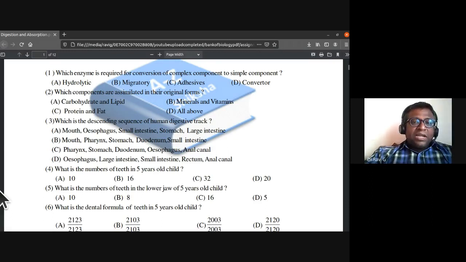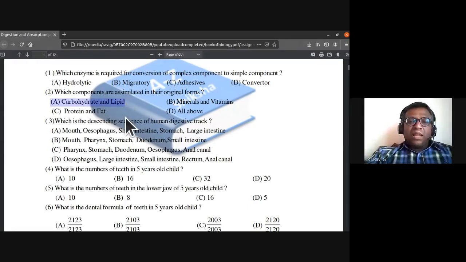Which components are assimilated in their original forms? Is it carbohydrate and lipid, minerals and vitamins, proteins and fat, or all of the above? That is, which components are taken up in their original form?